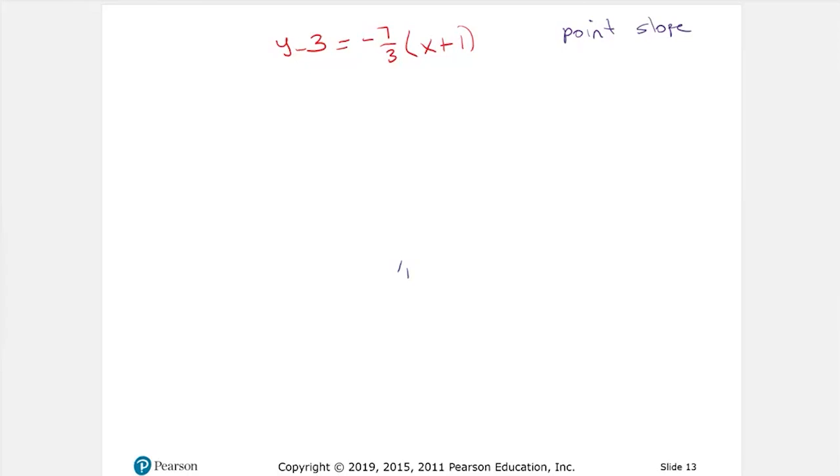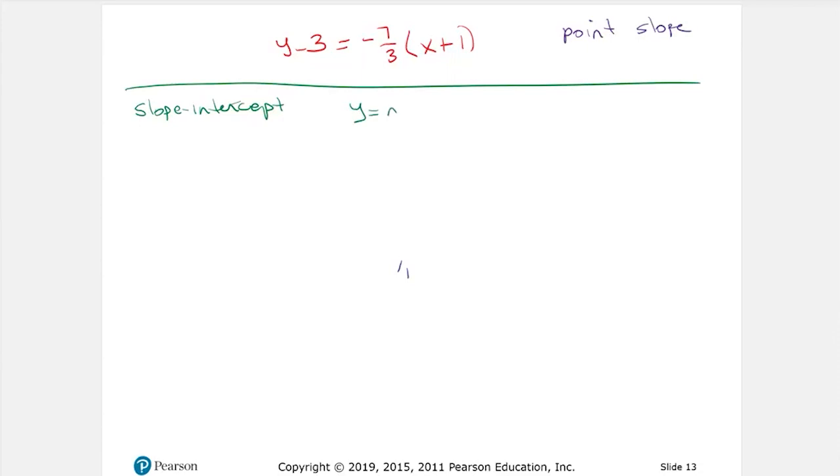But now I want to change that to slope intercept. Well, remember, slope intercept is y equals mx plus b. So basically, to change it, I really just need to solve for y, because notice on this side, all I have is y.